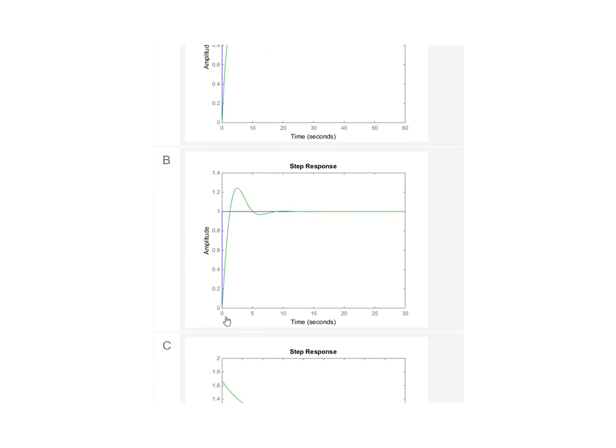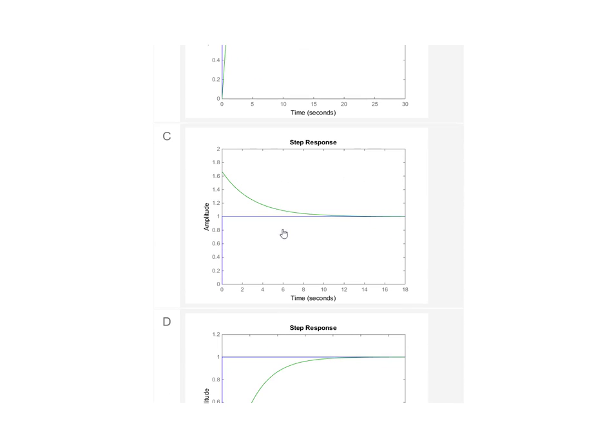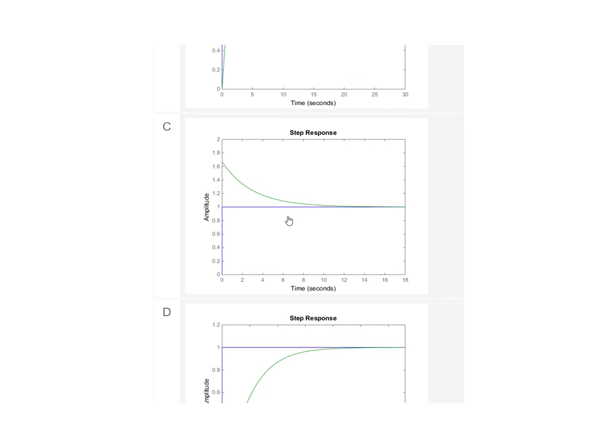It's also consistent with B, but here we have this damped oscillation, so we can exclude B. In C we can exclude this response because we can see that there is a direct feed-through. The step response at the origin is non-zero. This corresponds to a lead-lag system, so one lead, one lag time constant.